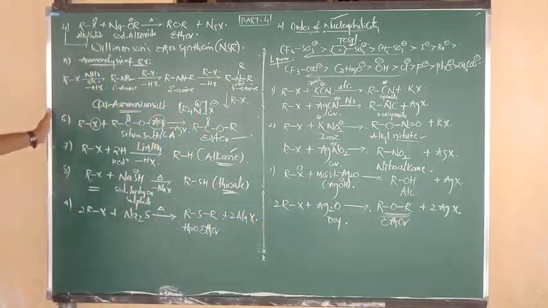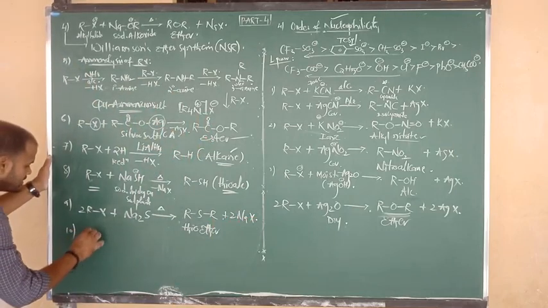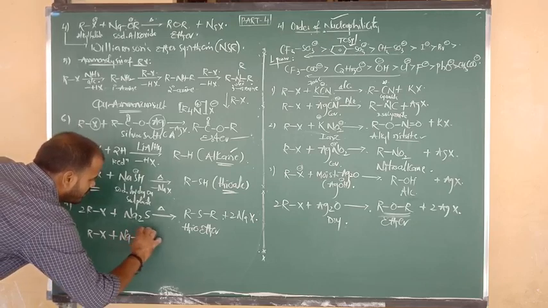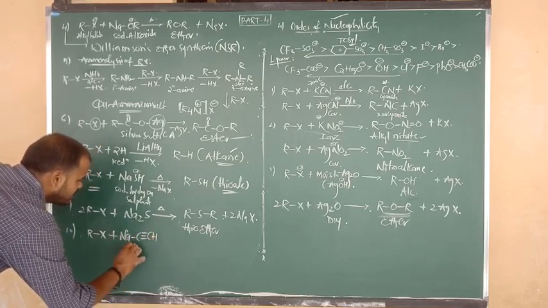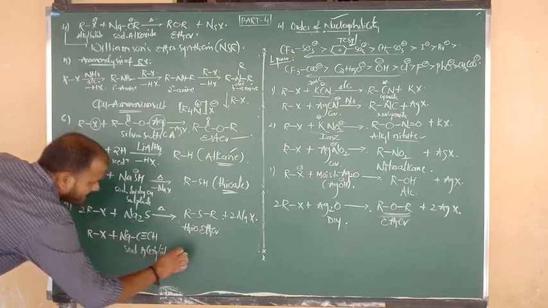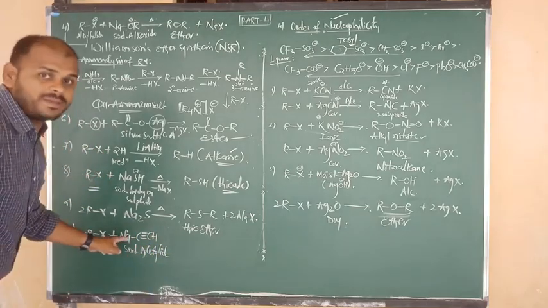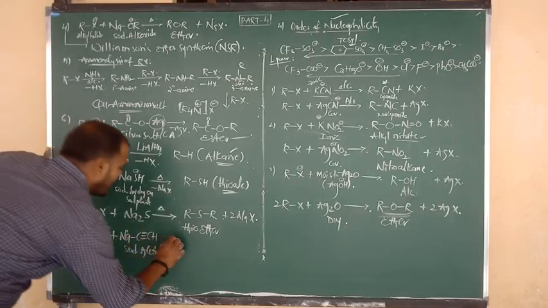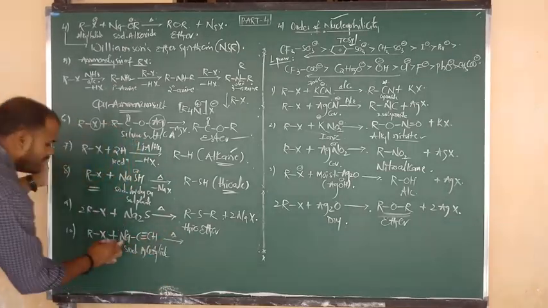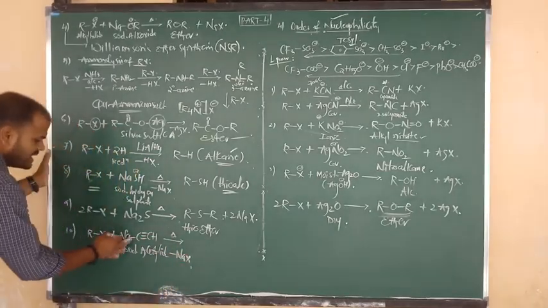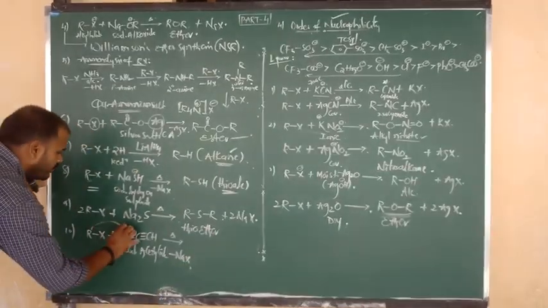Next, last and final, I am going to discuss RX, alkyl halides on reaction with Na bonded to C triple bond CH. This is called sodium acetylide, or monosodium acetylide. Alkyl halides on reaction with monosodium acetylide: Na combines with X and is removed in the form of NaX. The place of Na is taken by the R group.